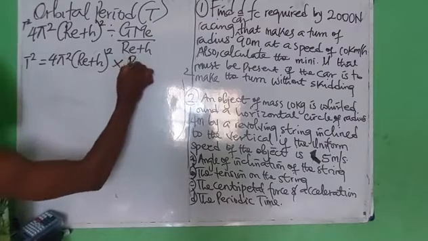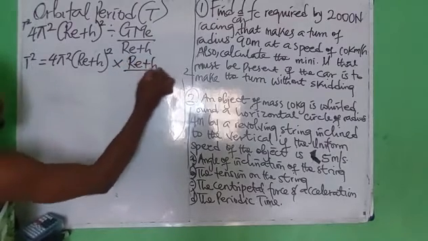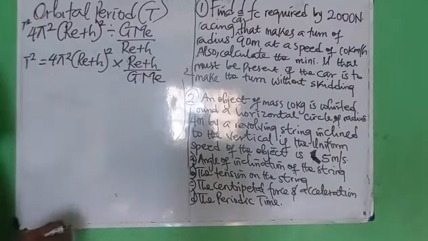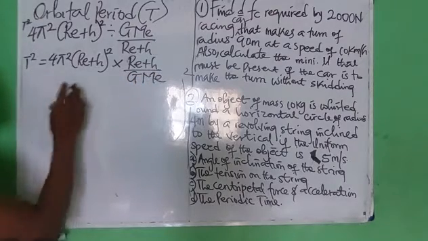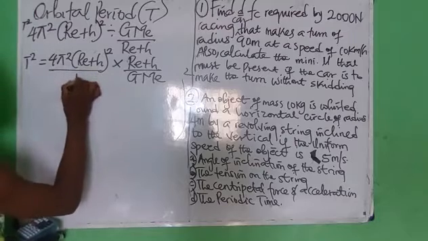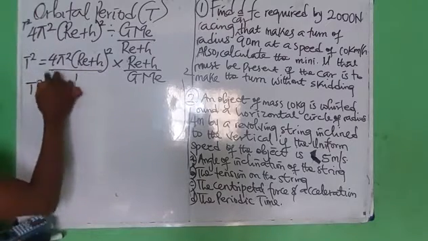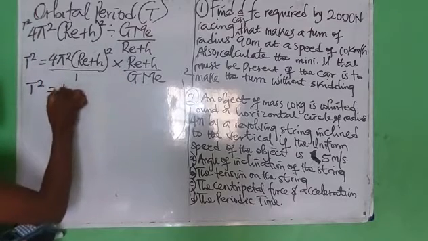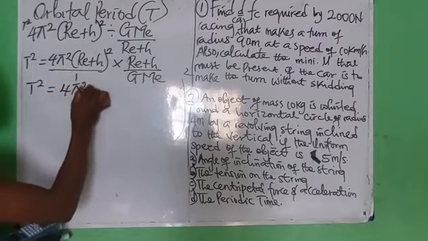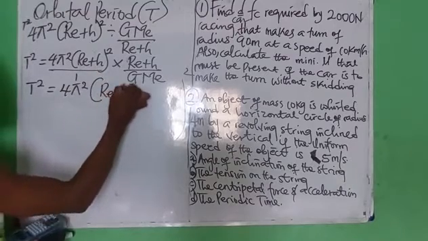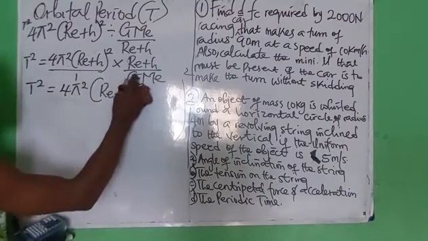So it becomes RE plus H over G M E, right? And of course this is over 1. So from here, I'll have that T squared equals this times this, I'll be having 4 pi squared, open brackets, RE plus H cube.